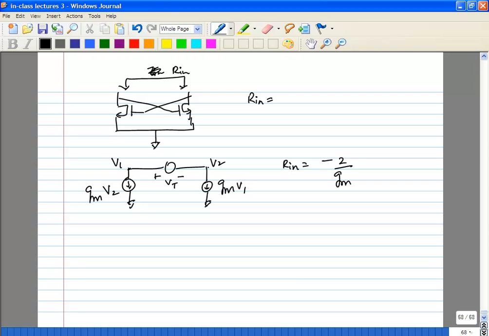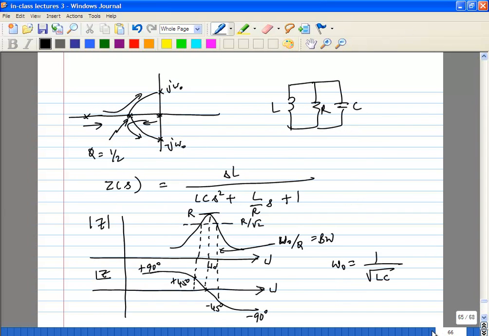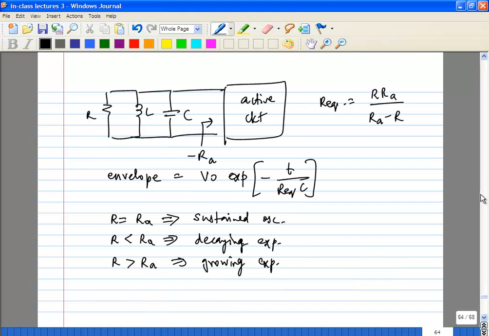So if the parallel resistance, if you remember, we discussed the conditions for, let's see if we can find it. Remember this guy? We looked at the condition for oscillation, right? Remember this, right? Because they appear in parallel, the smaller the impedance is, the more effective it is, right?